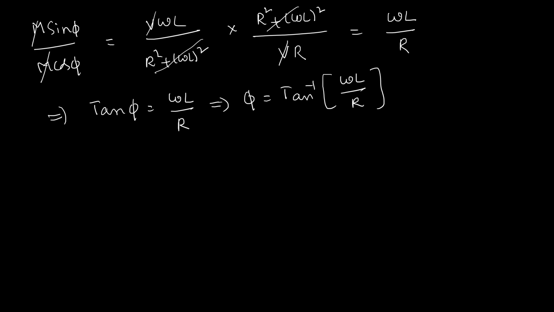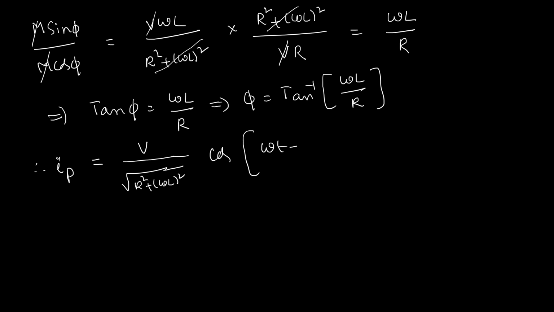Now, how can we substitute in IP? IP can be written like this: M, and what is M? This is V by root of R square plus omega L whole square into cos of omega t plus theta, and you can also have the angle phi.